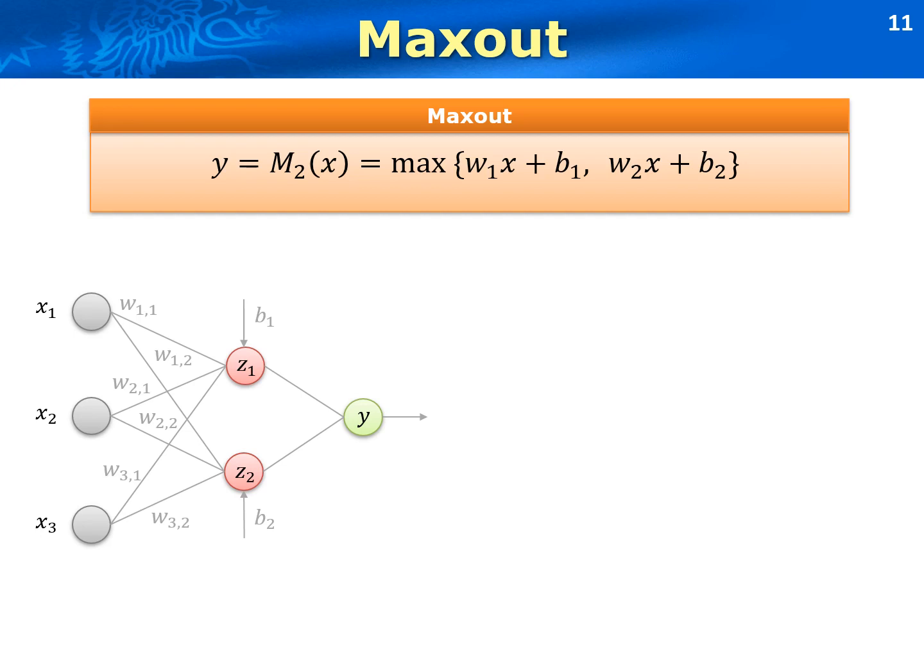This implies there are two red nodes in the intermediate layer, whose intermediate values are denoted as z1 and z2 respectively.